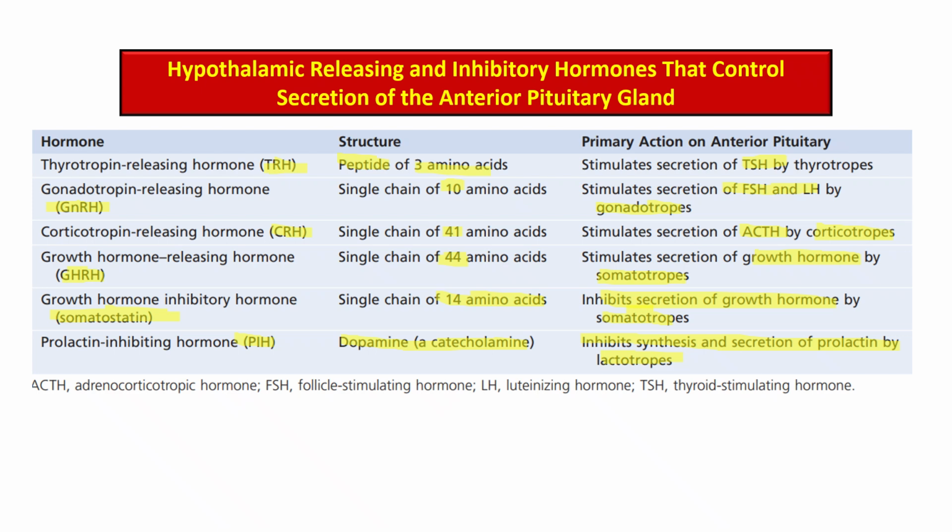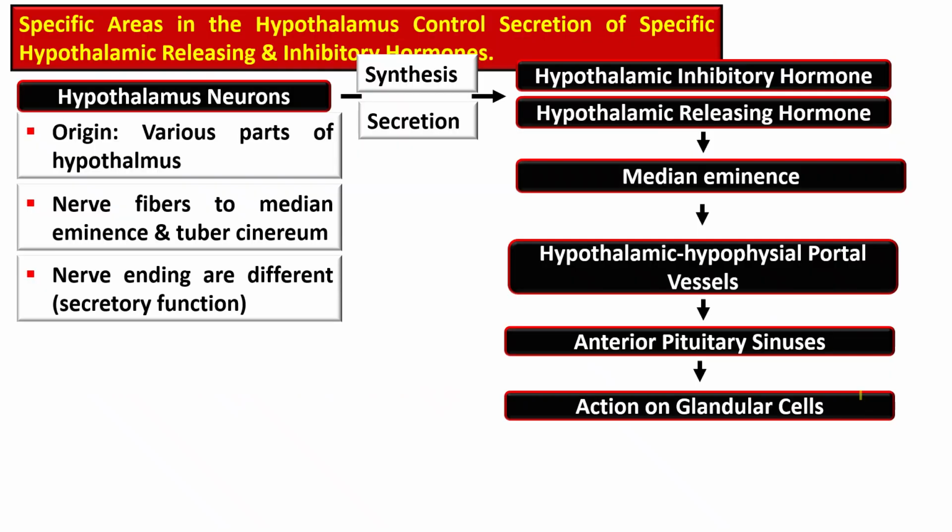This mechanism allows neural and biochemical integration of endocrine function based on the body's internal and external environment. Specific areas in the hypothalamus control the secretion of specific hypothalamic releasing and inhibitory hormones.